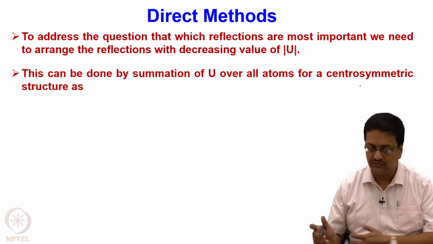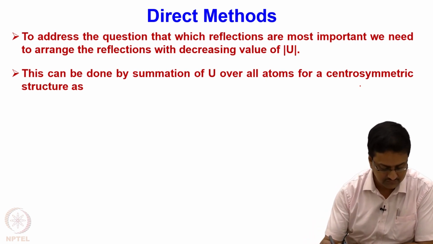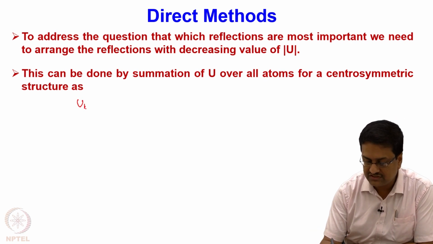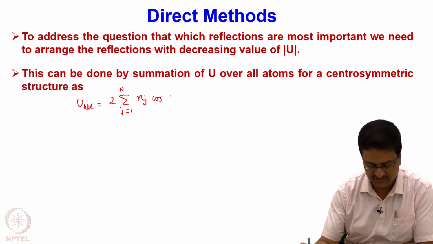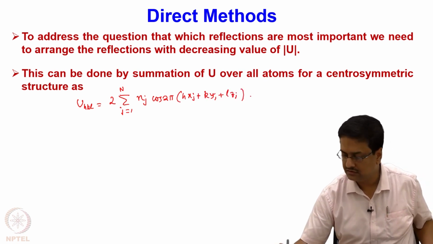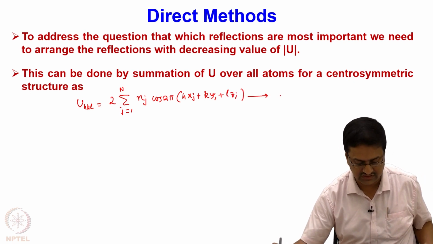So one can do this sum as UHKL is equal to 2 times sum over j equal to 1 to n nj cos 2 pi (hxj plus kyj plus lzj). This is equation number 17.